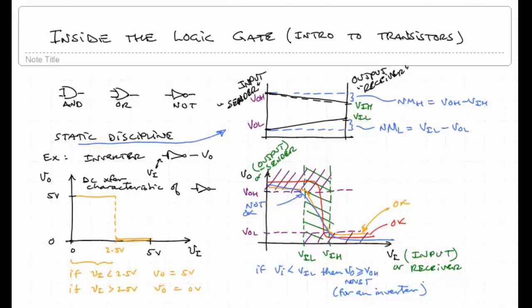Okay, so this is the extent to which we have looked at anything electrical regarding a logic gate. We have simply defined some voltage thresholds on the input and on the output side to which that gate must comply if it is said to satisfy a particular static discipline.